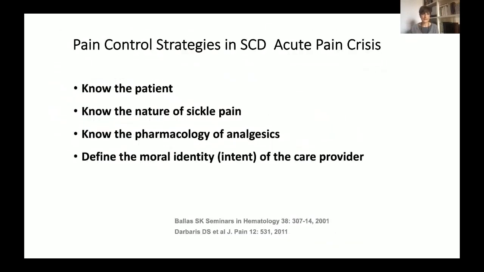And controlling pain in sickle cell disease means knowing the patient, knowing the nature of sickle cell pain, knowing the pharmacology of analgesic or painkiller drugs, and defining the moral identity and intent of the care provider, which is basically to support the patient and to remove pain as soon as possible.